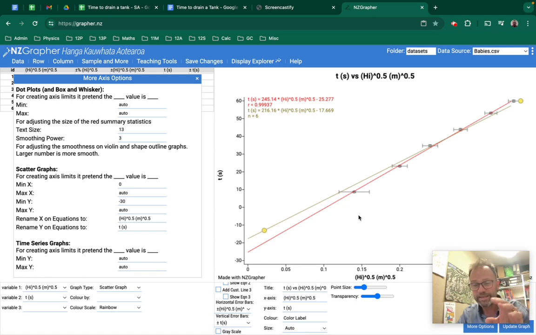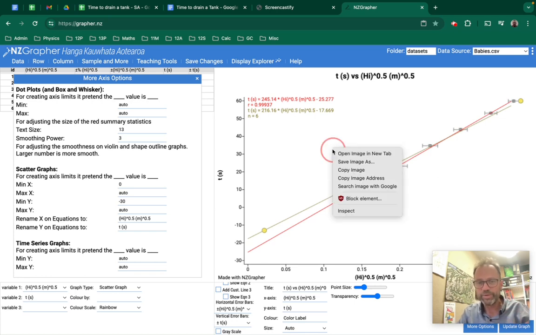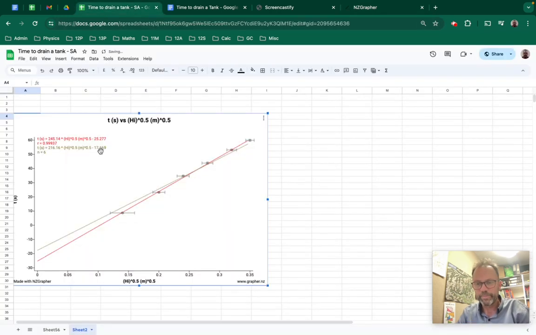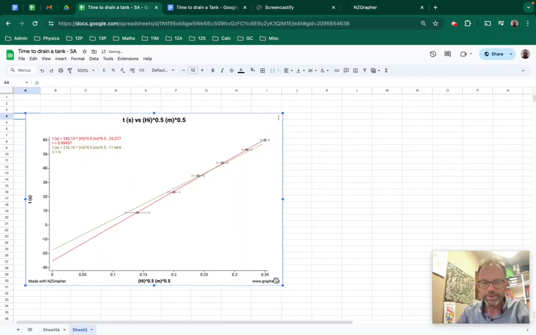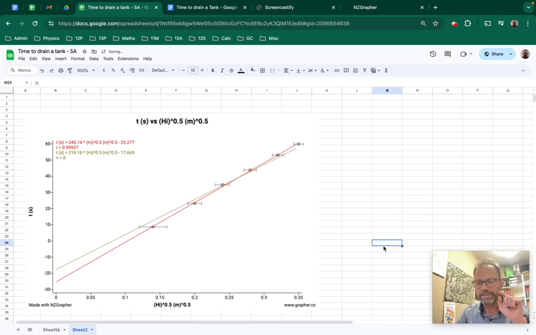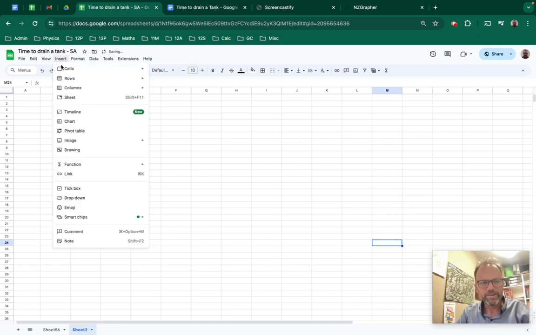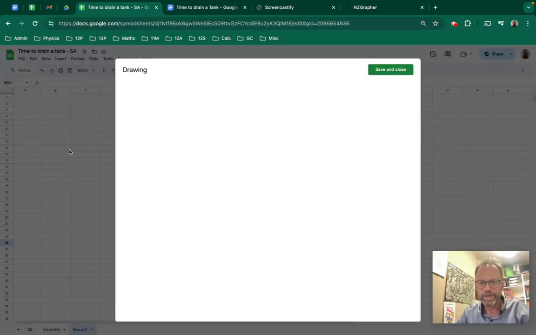So that is a mistake. That is a technical issue which I need to get some help on, but that is a limitation to do with NZGrapher here. But guys, you're not going to get it this hard in the actual assessment. So here's a challenge. Let's just tweak this slightly. Let's go drawing.